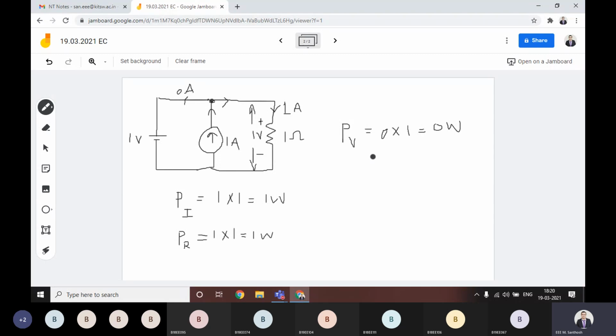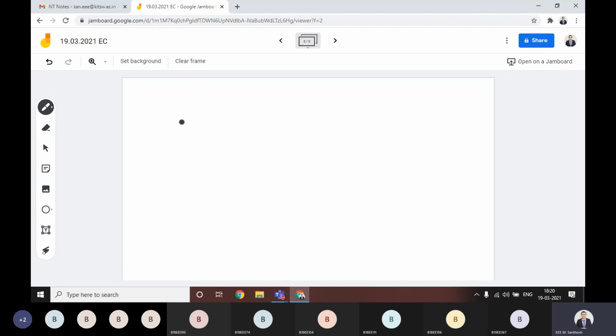Then solve this one. There is a capacitance, another capacitance, and another capacitance, 3 capacitances connected like this.